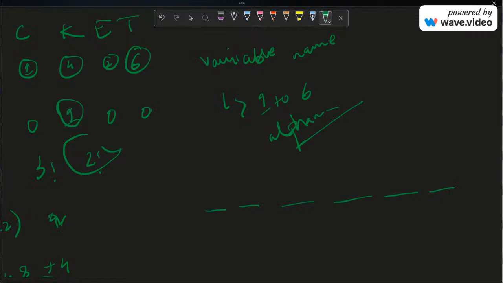1, 2, 3, 4, 5, 6. Number of letters: 26, and 36 to the power 5. Okay, find the total. So the answer is 26 into 36 to the power 6 minus 1 upon 35.